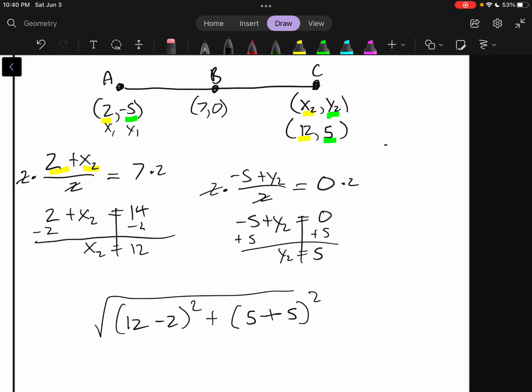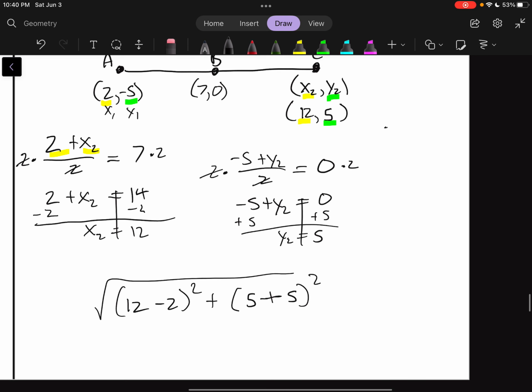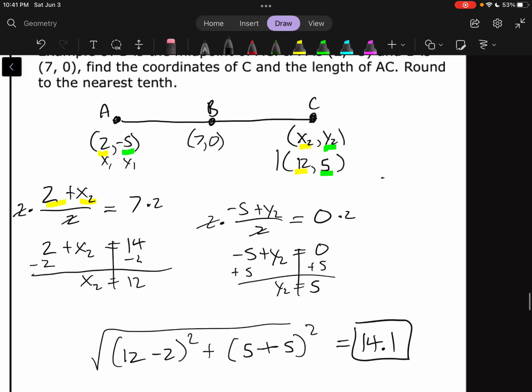And I'm getting 14.1. So that was the distance, and C was at (12, 5). Those were the two things we wanted to find. So a good little application of what we saw earlier. Had to do both things on that.